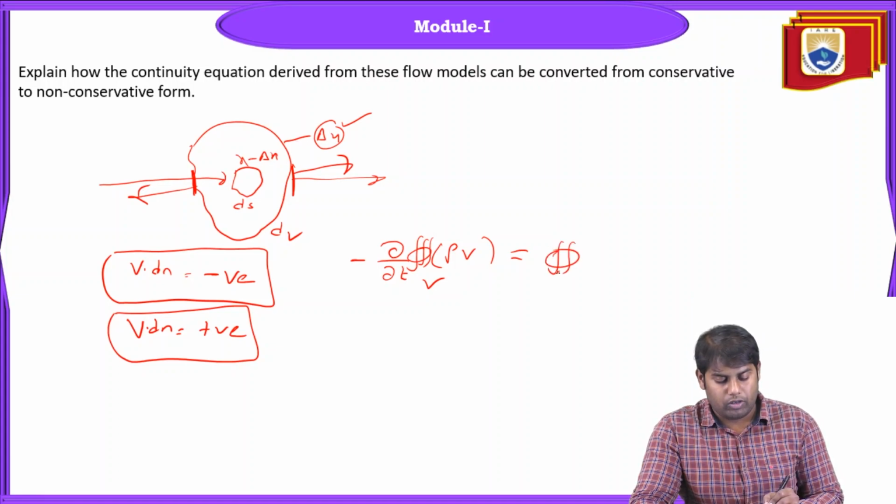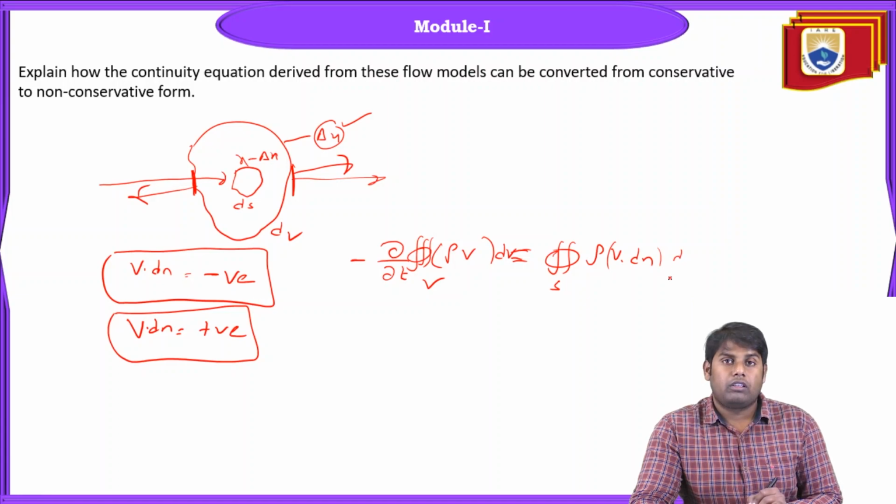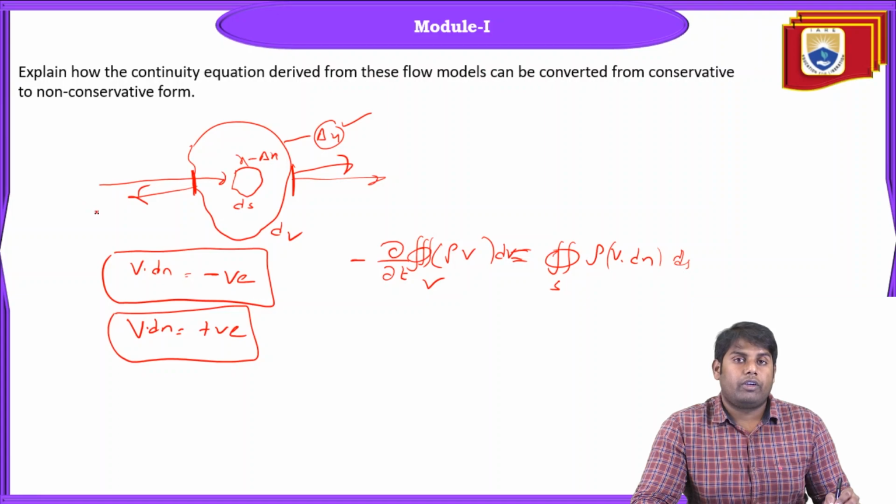So here you see the control surface, rho v dot n ds. So this is what we have.